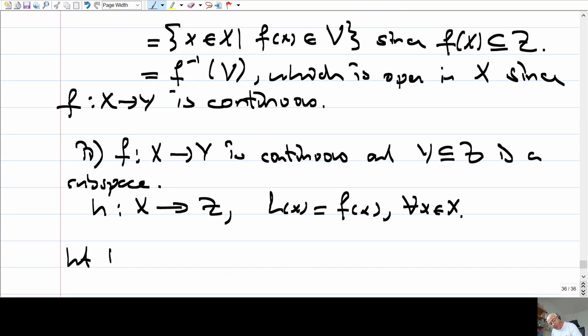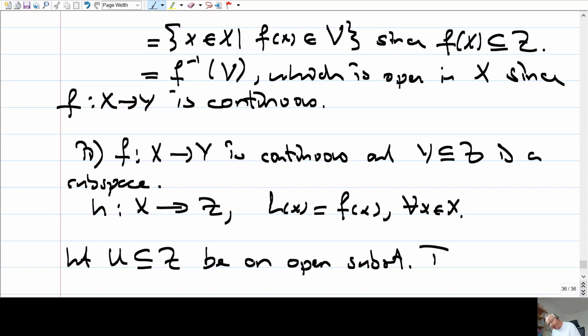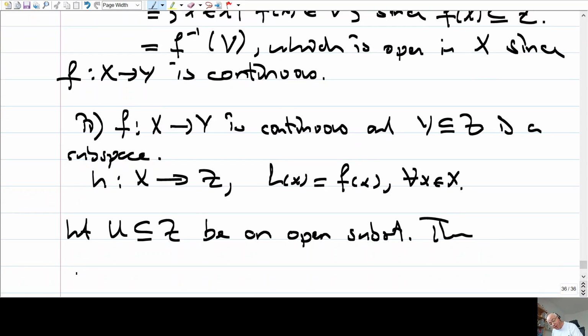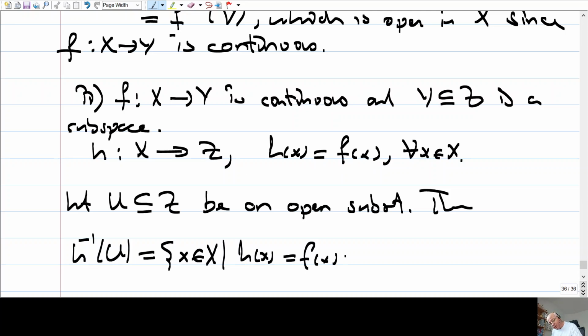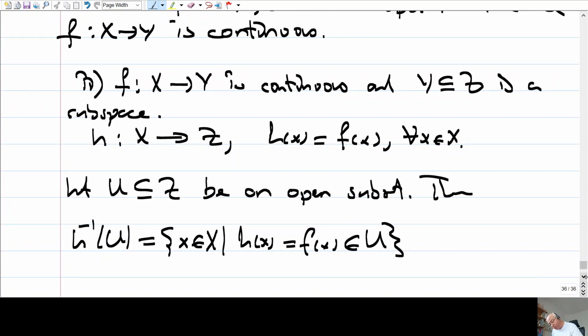So let u be an open subset. Then what is the inverse image of u under h? So h inverse of u, what is this? This is the set of all points in x such that h of x lies inside u. But h of x by definition is equal to f of x, so this has to be inside u.